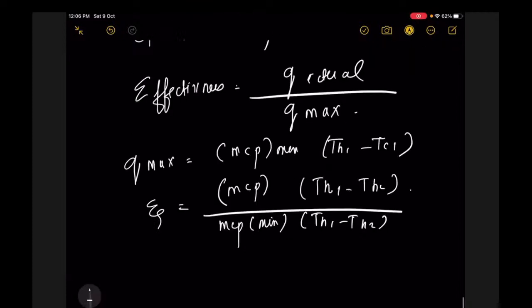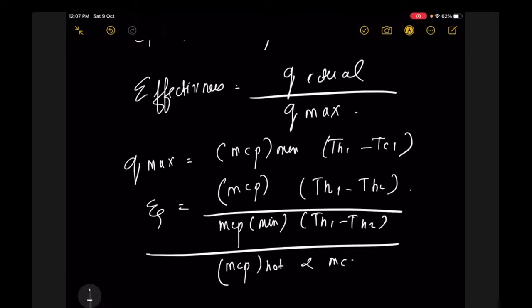So when you apply this condition, obviously the hot fluid should be the minimum. So when MCP hot is less than MCP cold. MCP hot is less than MCP cold. Write this.